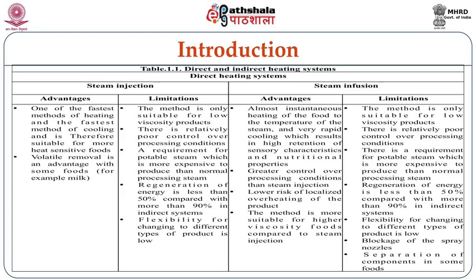The advantages of the steam injection system are that it is one of the fastest methods of heating and the fastest method of cooling, and therefore it is more suitable for heat sensitive foods. Apart from that, any volatiles can be removed, which is advantageous, for example, in foods like milk.